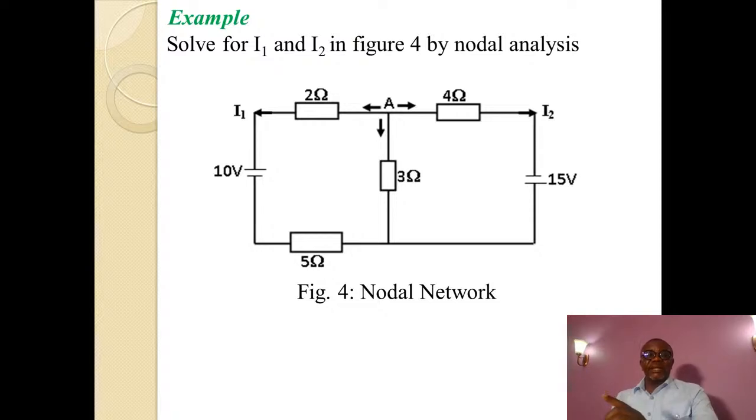You see that we put I1 flowing to the left and I2 flowing to the right, but when we got minus for both, it automatically means that the two currents are flowing towards the junction A. In other words, the current flowing through I3 will be equal to the sum of I1 plus I2, because the 10 volts and the 15 volts are supplying current to the 3 ohm resistor.